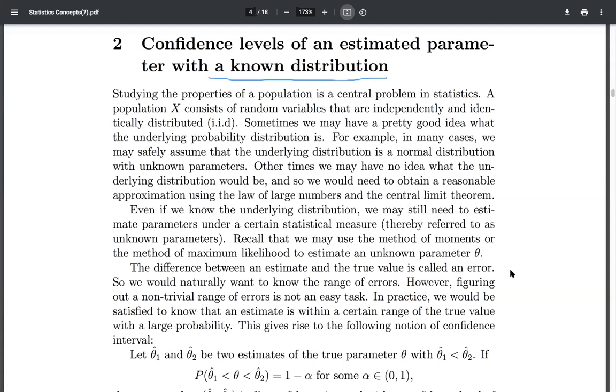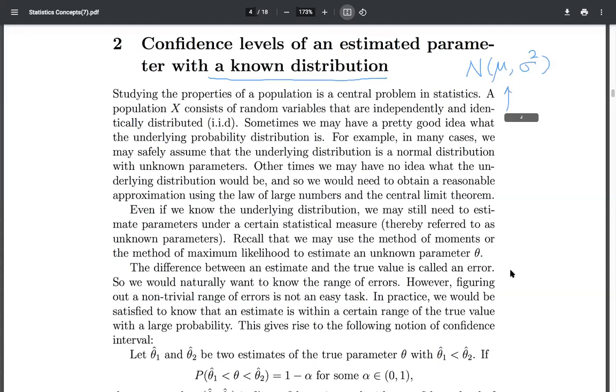Just like the height of a population of humans, that follows normal distribution. I know that's normal distribution, but I don't know the expected height, and I don't know the variance.